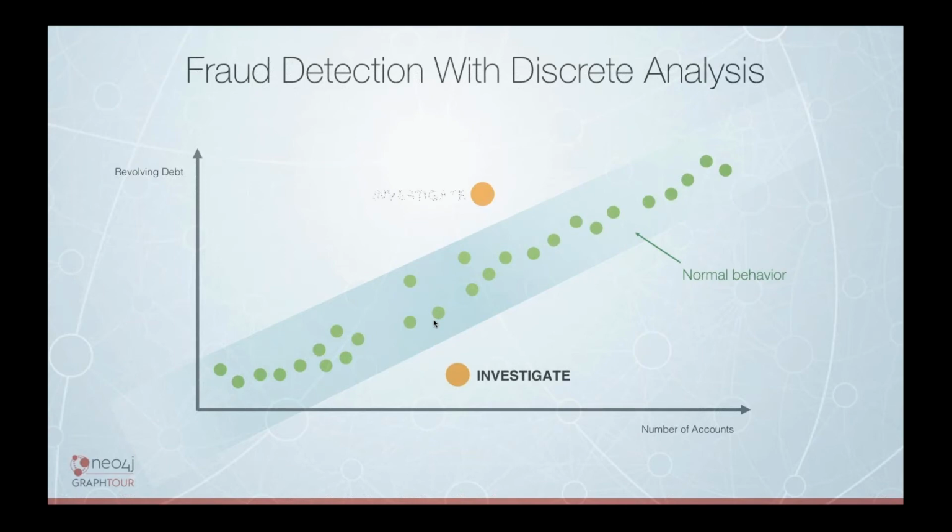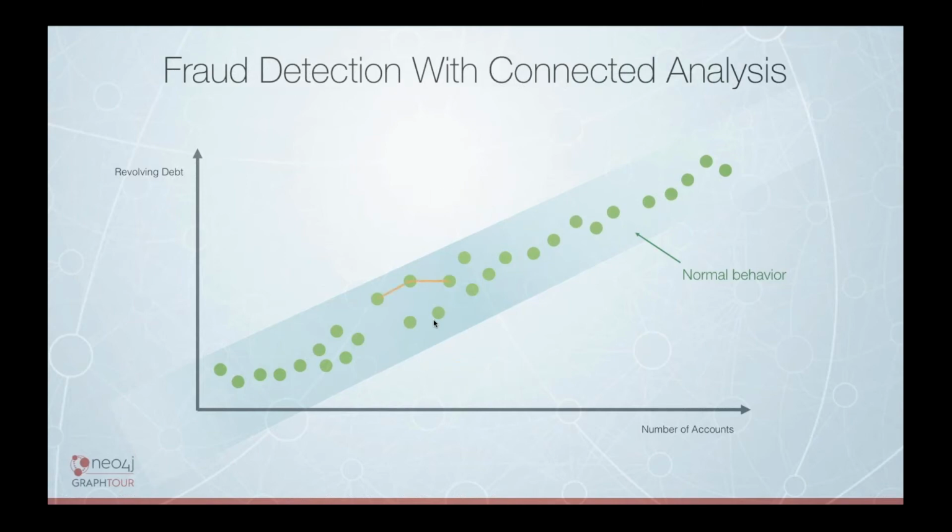But what if the fraudster commits fraud while still exhibiting normal behavior? Well, this is exactly how fraud rings operate. A fraud ring rarely strays outside the normal behavior band. Instead, they operate within normal limits and commit widespread fraud. This is very hard to detect by systems that are looking for outliers or activities outside the normal band.